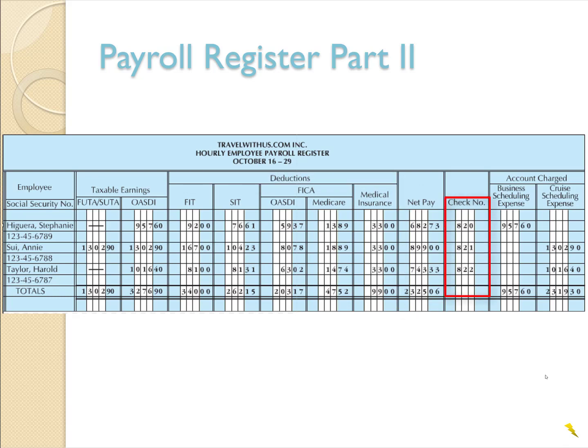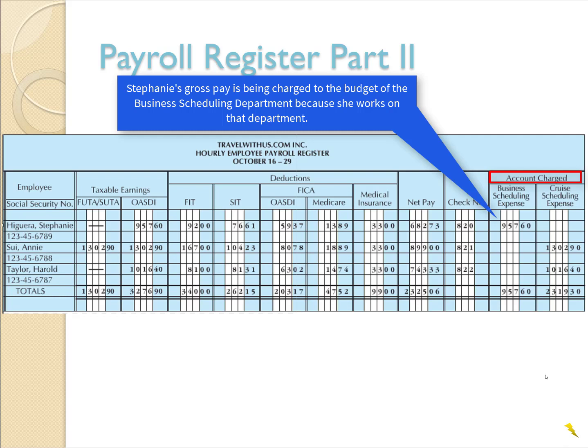We have the check numbers. Notice they go in sequence. And then we have the account that each person's gross pay is going to be charged to. So what this means is this company has two departments, the business scheduling and cruise scheduling. So apparently these people are travel agents, and Annie specializes in business scheduling, and then the other two people specialize in cruise ship scheduling. So whoever's in charge of the business scheduling department has a budget that they need to maintain.